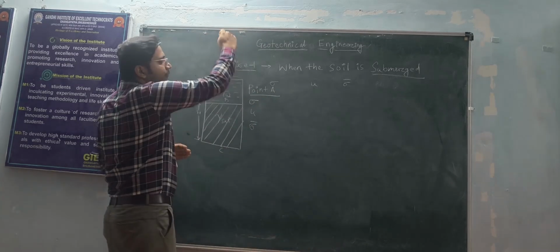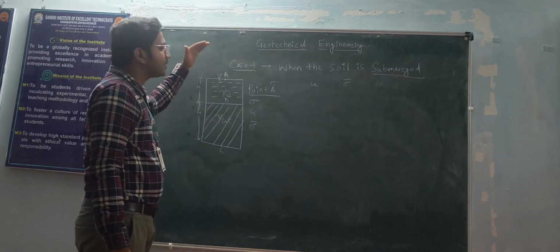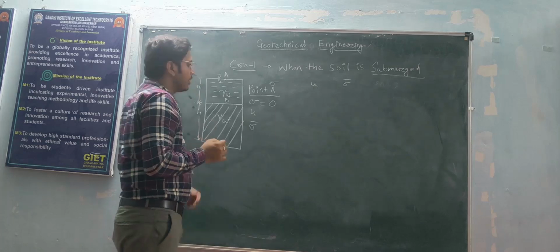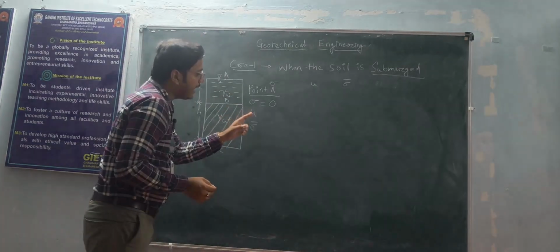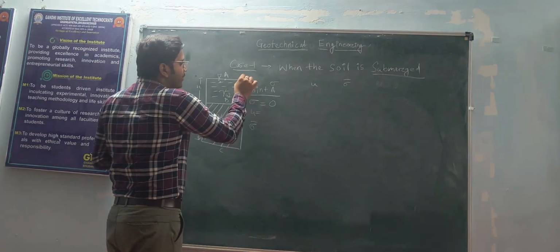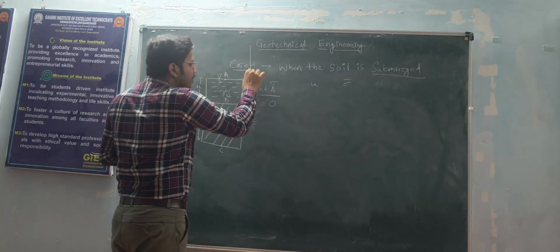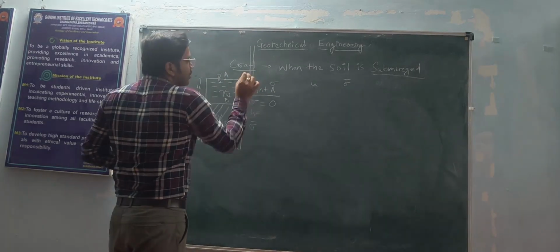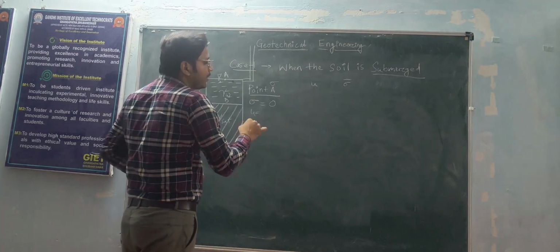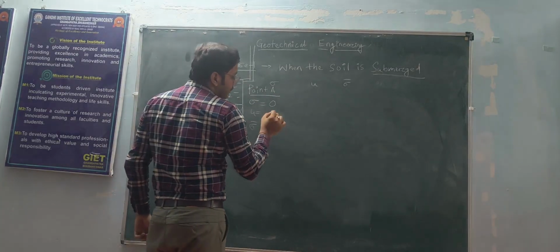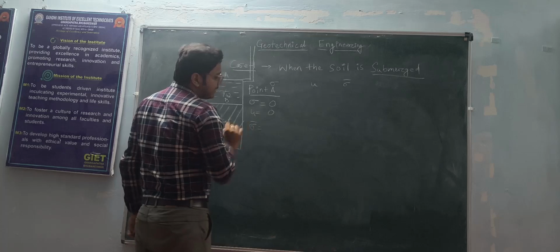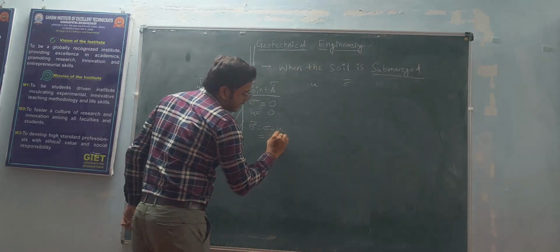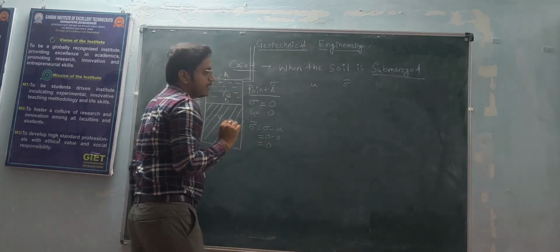Above point A there is nothing present, so sigma will be 0. And if we calculate u, when we put a piezometer here, the water level is here, so the piezometer will not rise, so the value of u will also be 0, and sigma bar equals sigma minus u, that is 0 minus 0 equals 0.